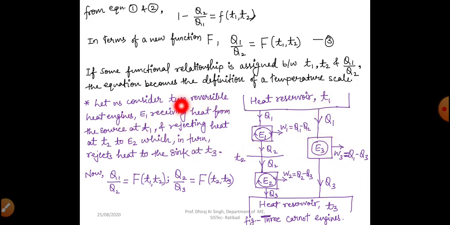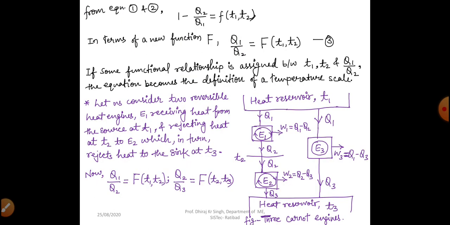Let us consider two reversible heat engines. E1 receives heat Q1 from the source at T1 and rejects heat Q2 at T2 to E2, which in turn rejects heat Q3 to the sink at T3.